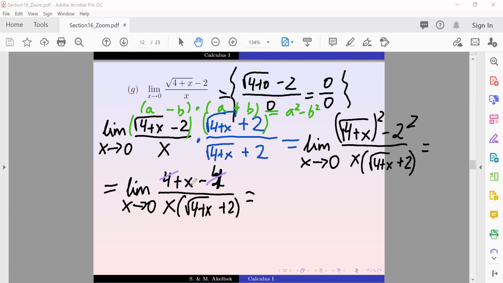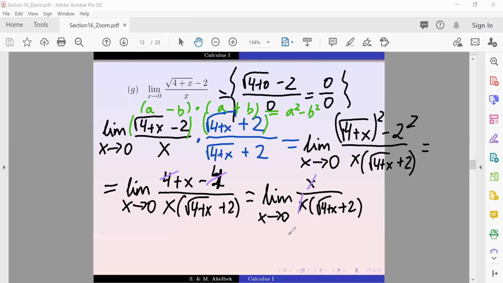So I'm left with x only, and that x is going to reduce with the bottom x. We should actually rewrite to have proper notation. Limit as x goes to 0, I'm left with x over x times square root of 4 plus x plus 2. Now I can reduce the x's.